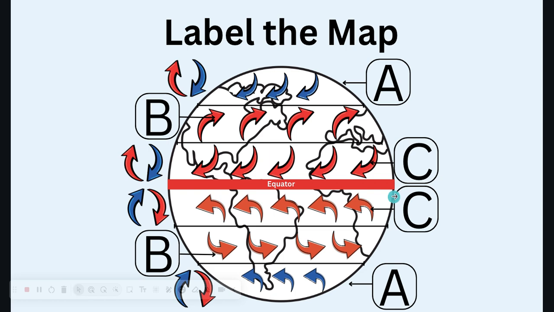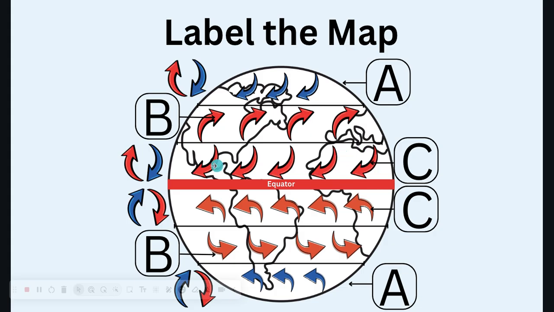And then you are going to label your trade winds and then your westerlies and then your polar easterlies. So equator, your letter C's should be your trade winds, and then make sure you draw the arrows to show which direction they're moving, okay?